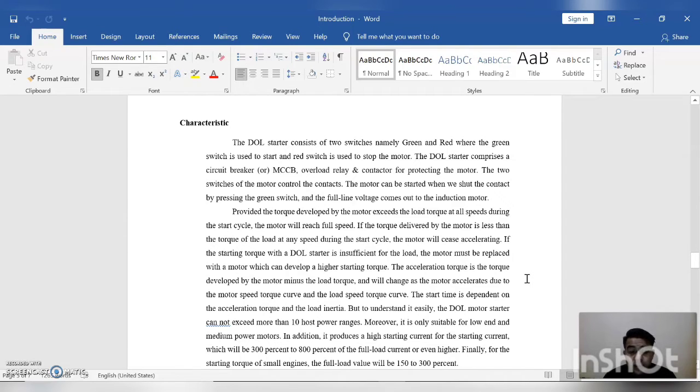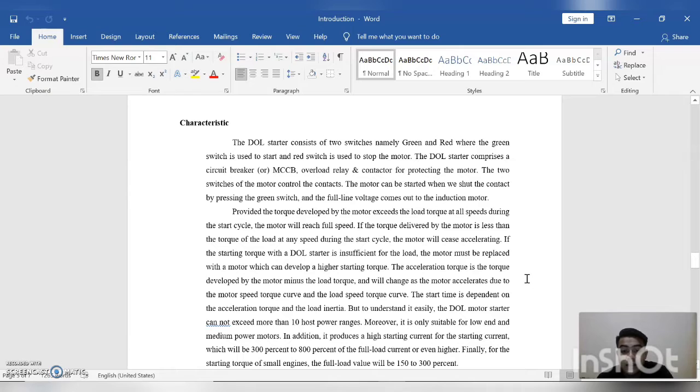Provided the torque developed by the motor exceeds the load torque at all speeds during the start cycle, the motor will reach full speed. If the torque delivered by the motor is less than the torque of the load at any speed during the start cycle, the motor will cease accelerating. If the starting torque with a direct online starter is insufficient for the load, the motor must be replaced with a motor which can develop a higher starting torque.